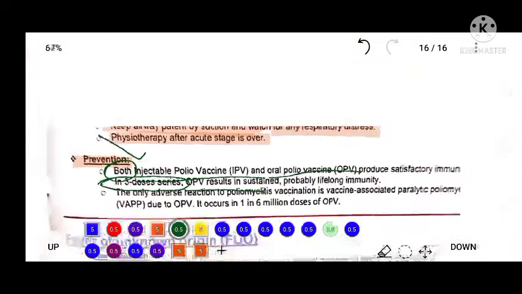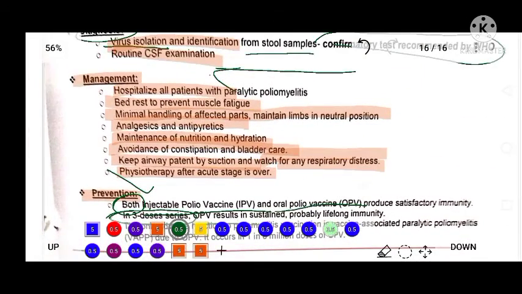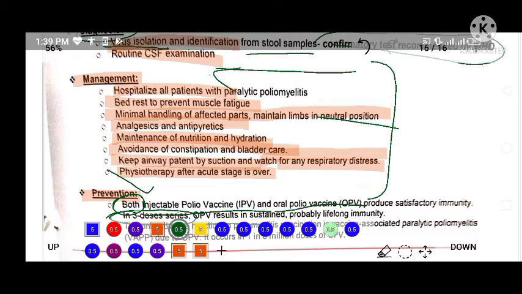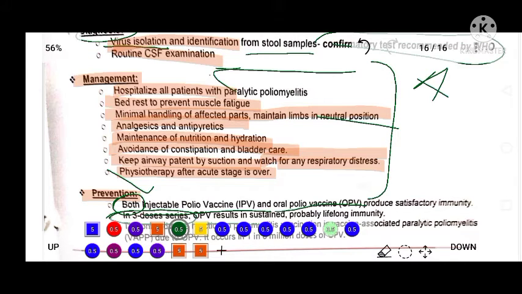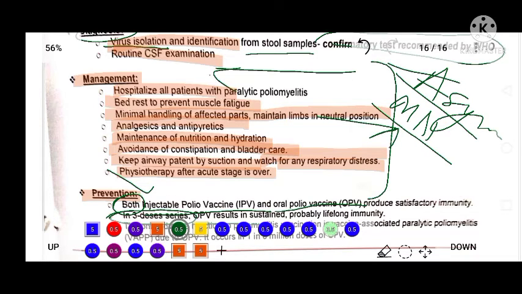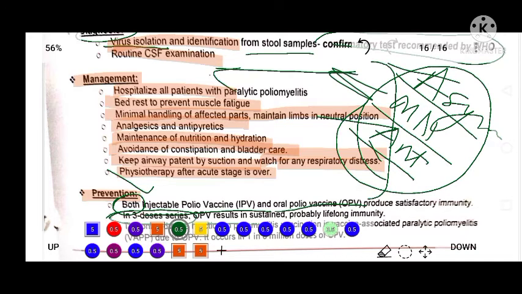So in this way we can manage this dreadful and dangerous condition of polio. Asymmetrical paralysis occurs with motor neuron destruction, and anterior horns are affected, and paralysis of the body occurs with lower limb paralysis. So we can manage the patient, but the most important thing is prevention by oral polio vaccine and injectable polio vaccine immunity.